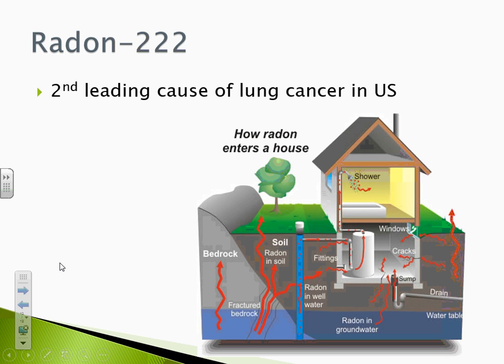That just means the rock under the ground. For us, that would be granitic rock. When it fractures, the gas is released, and it goes into the soil and can go through into your basement. It can go into the water well, which is what this is indicating. So they actually have radon detectors so you can measure the radon in your house.